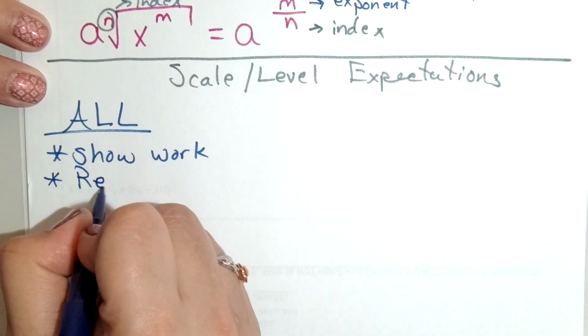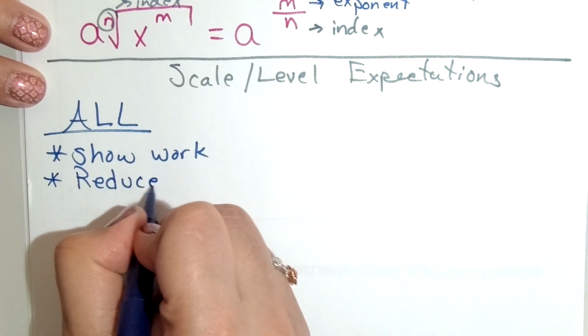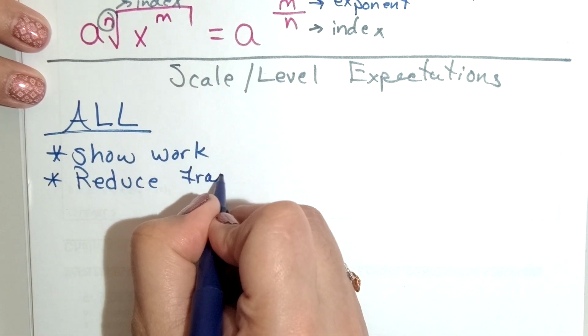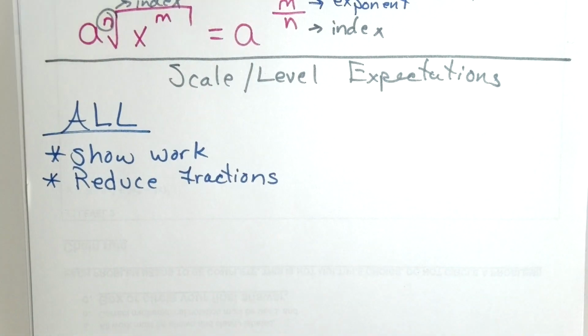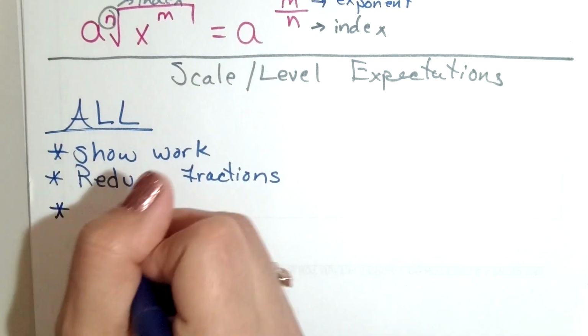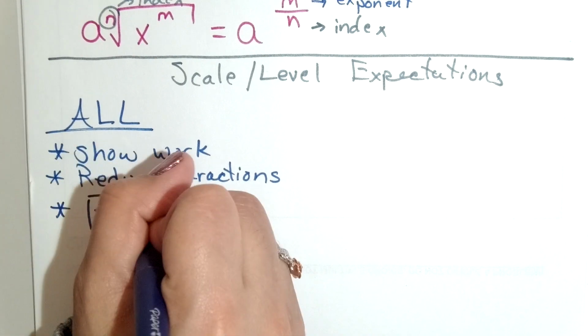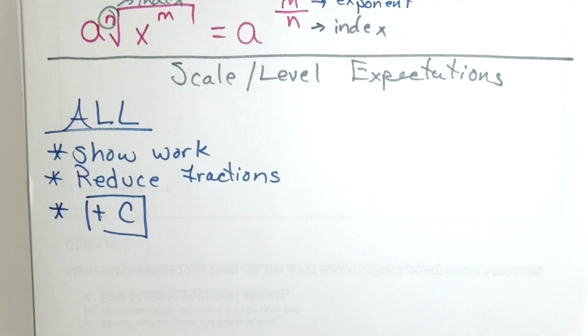You have to make sure that you're reducing any fraction, whether that is reduced to a whole number or a reduced fraction. You have to make sure you're also adding the constant of integration.